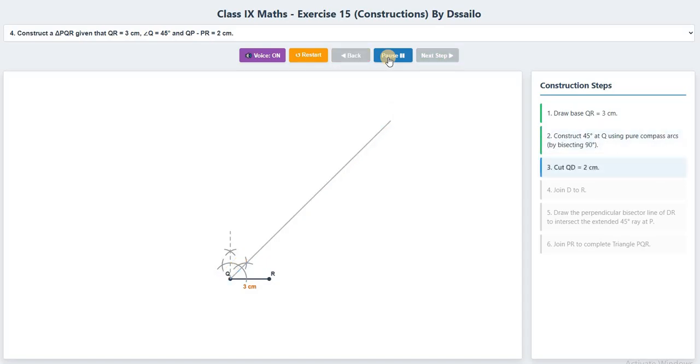Cut QD equals 2 centimeters. 4. Join D to R. 5. Draw the perpendicular bisector line of DR to intersect the extended 45 degrees ray at P. 6. Join PR to complete triangle PQR.